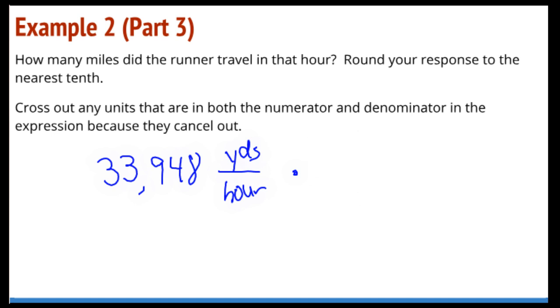And I want to turn that into miles per hour. So I need the yards to cancel out, so I need 1 mile, and I want the yards to cancel, so they'll go diagonally, and I've got 1,760 yards.